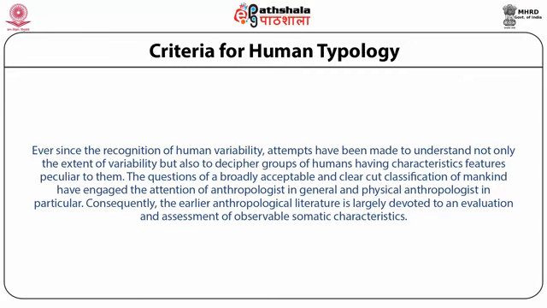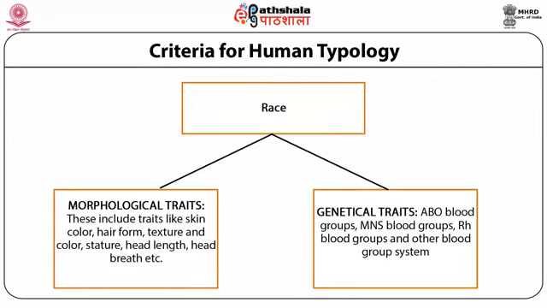Consequently, the earlier anthropological literature is largely devoted to an evaluation and assessment of observable somatic characteristics like skin color, hair form, texture and color, head shape, nose form, etc. Before, such criteria were used only for the purpose of human taxonomy.